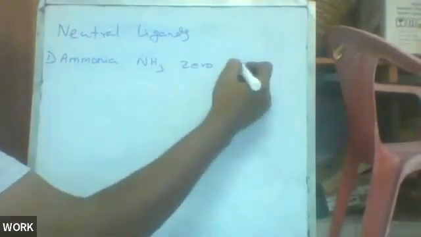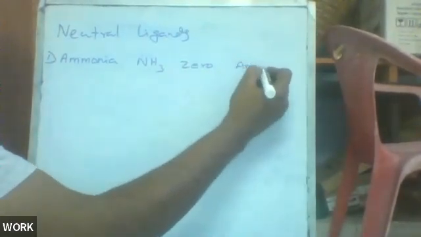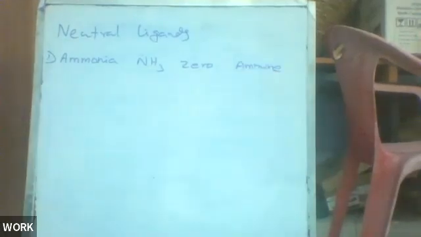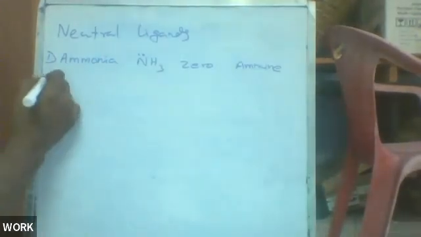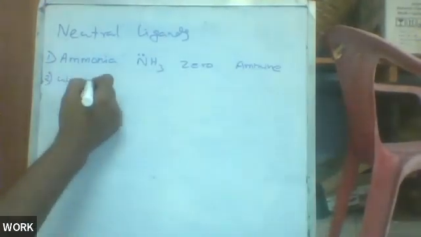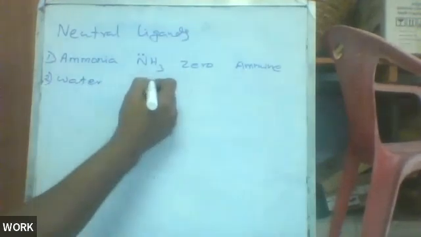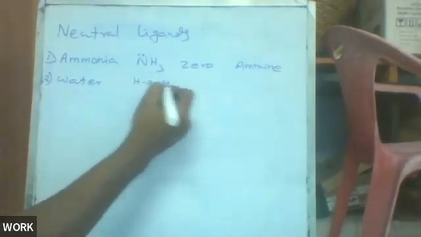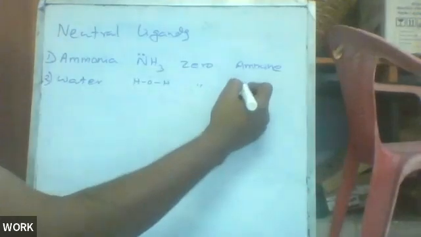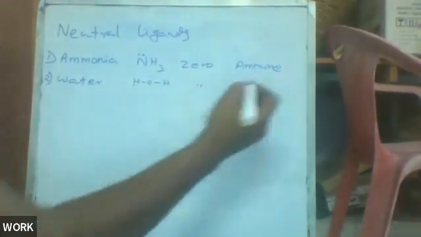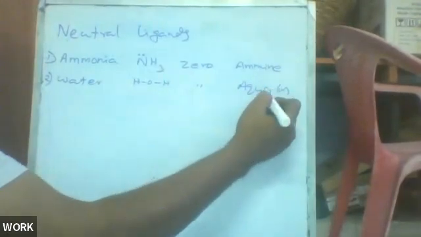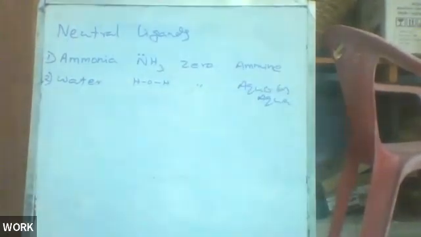Name becomes ammine, because it has one lone pair. And then second, water, H2O. Same zero. This is aqua, anything you can write.